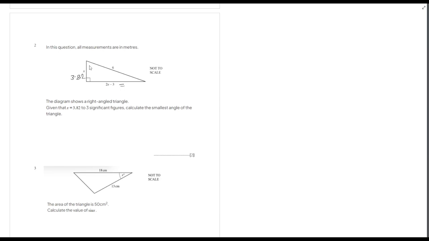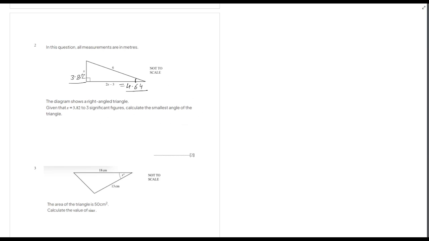So the answer is 4.64. Now out of 3.82 and 4.64, as 3.82 is the smallest, the angle opposite to this is going to be the smaller angle. So calculate the smallest angle.